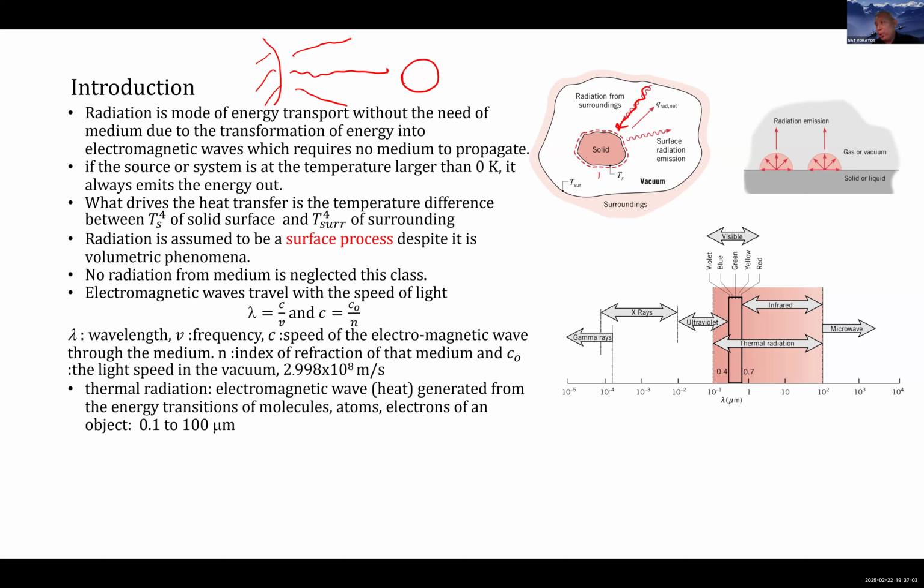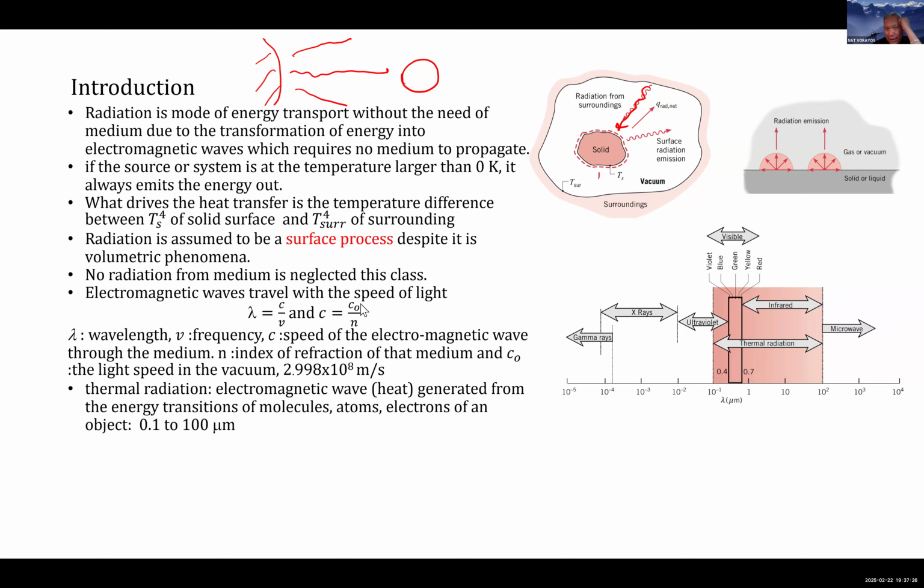And the relationship between wavelength and the frequency is going to be according to this equation. If you know the lambda, you can tell the frequency. On the other way around, if you know the frequency, you can tell the wavelength. Providing that you can find c.